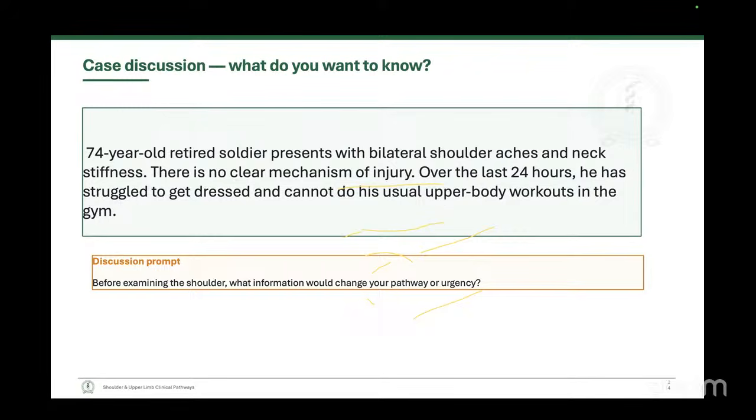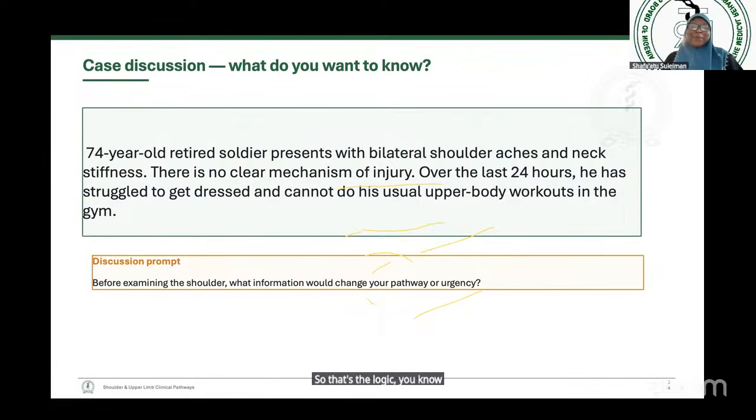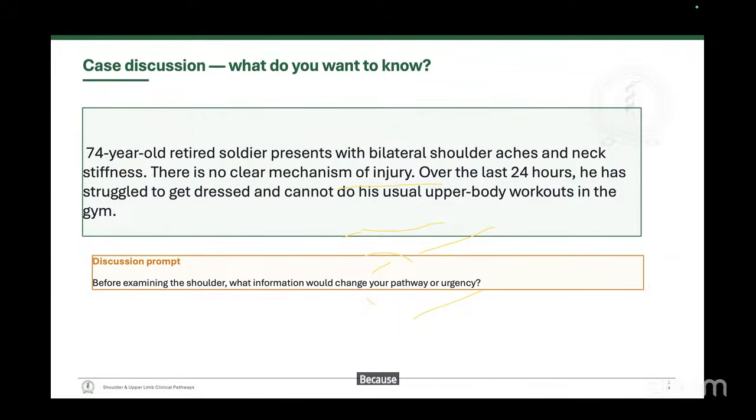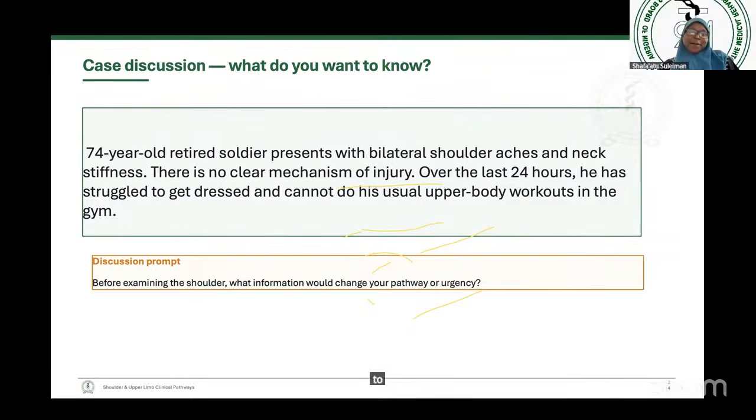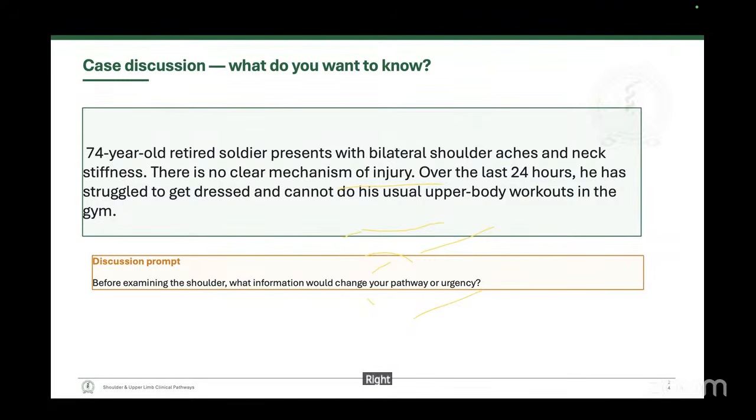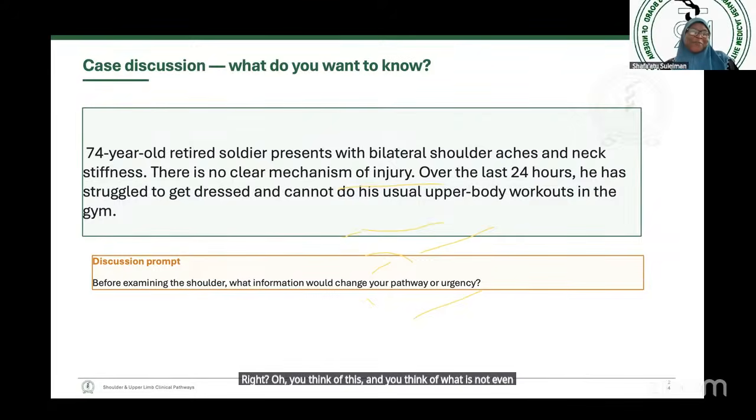So that's the logic beyond, that's where the clinical decision comes in, because you're trying to diagnose what is happening, right? So you think of this and you think of what is not even there to think of. Does that make sense?